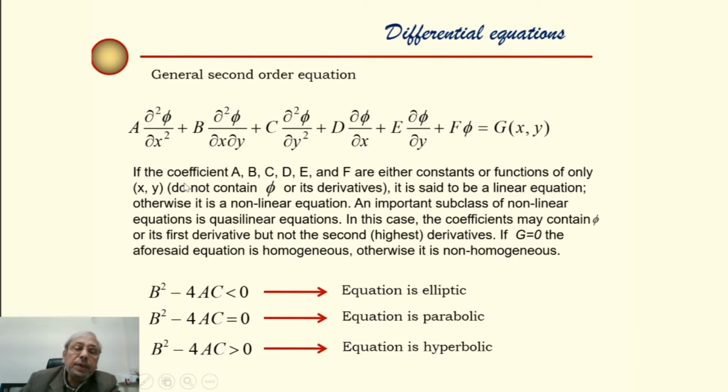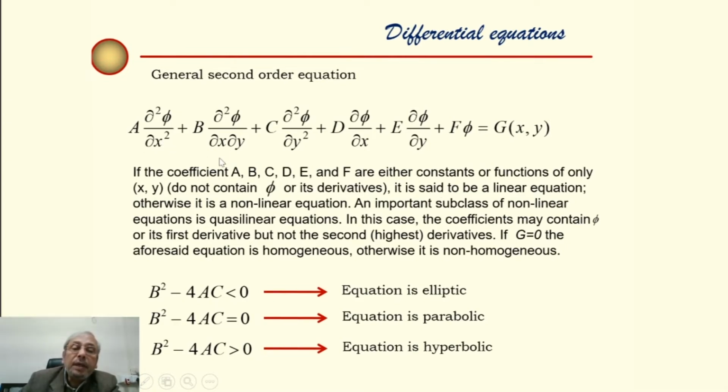If the coefficients A, B, C, D, E and F are either constants or functions of only x and y, and do not contain phi or its derivatives, it is said to be a linear equation.